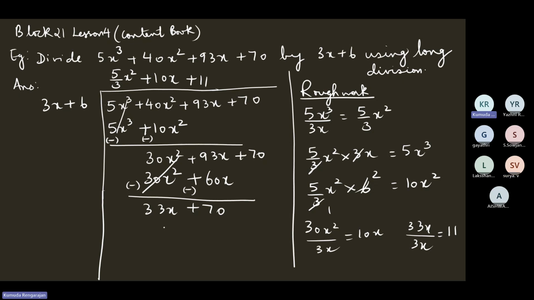So 11 into 3x plus 6. First 11 into 3x is 33x. Then 11 into 6 is 66. Correct. So the remainder is 4.